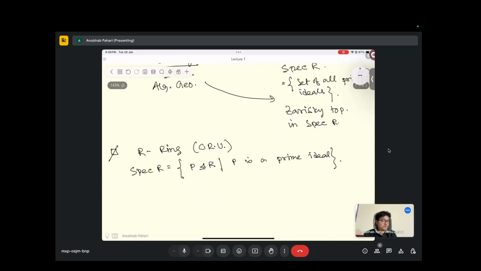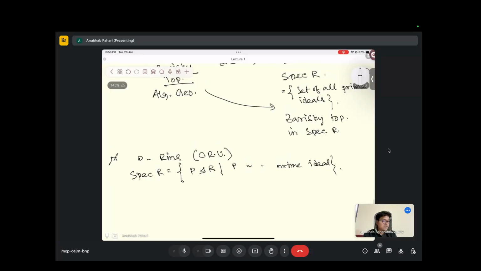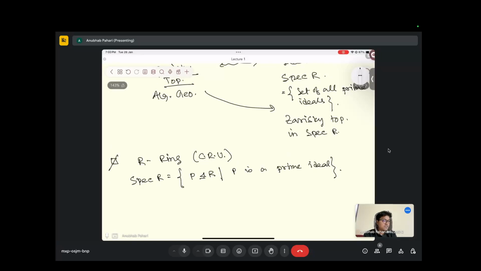Now I want to construct a topology on Spec R. So how would I do that?